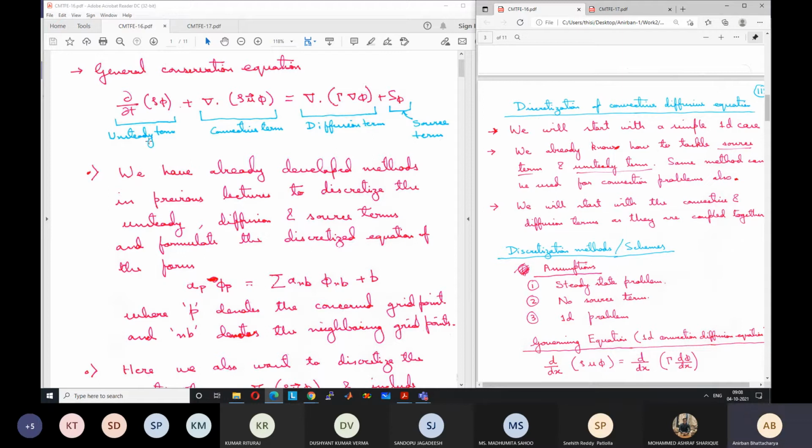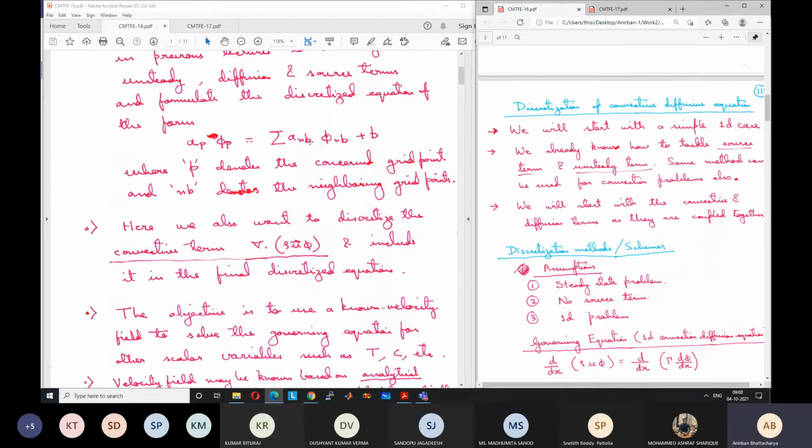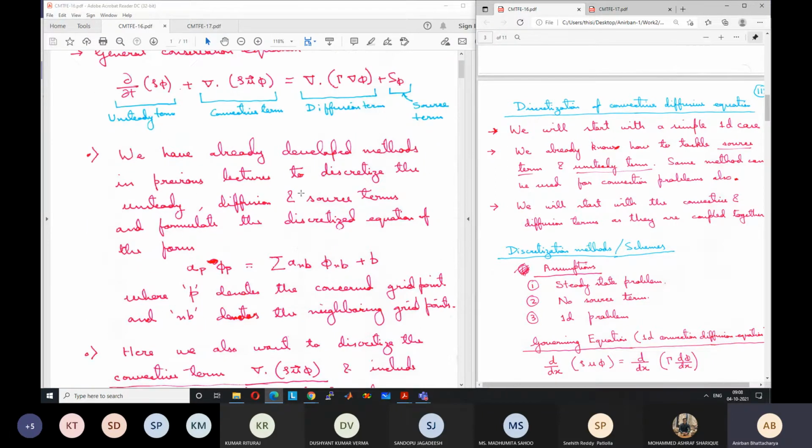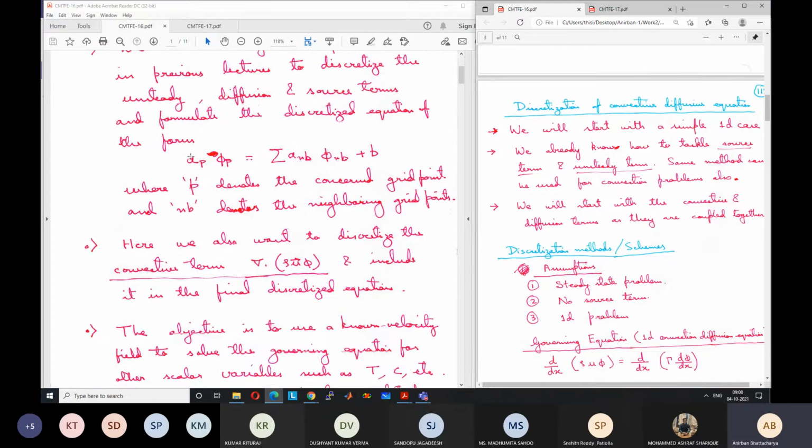So geometric parameters plus properties will be part of the AP and a_nb. And because the geometric parameters and the properties, including u, are known, these AP, a_nb and b values will be known. Accordingly, the solver can be supplied with these known values to get the correct solution for phi at all the points.